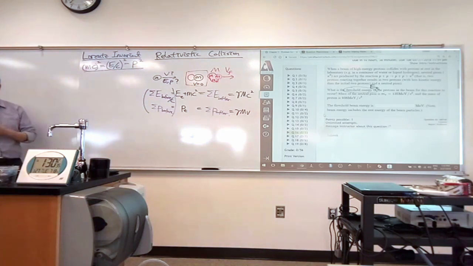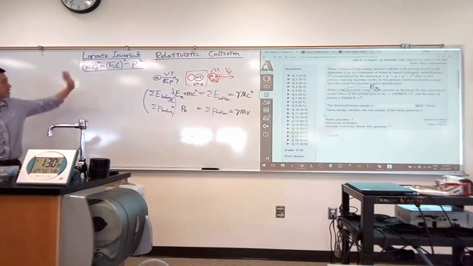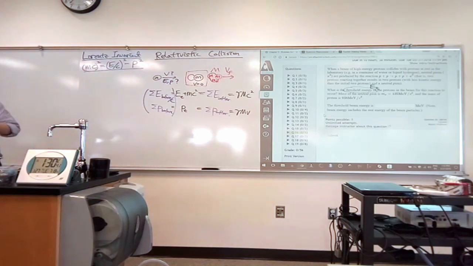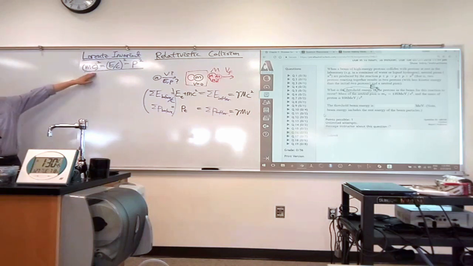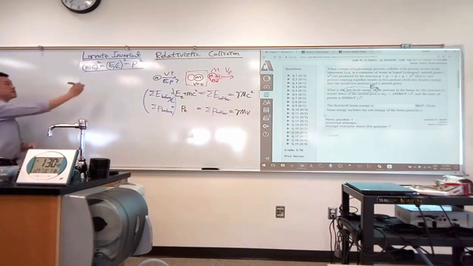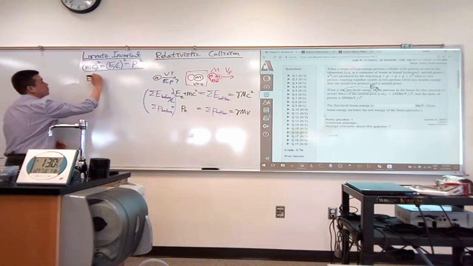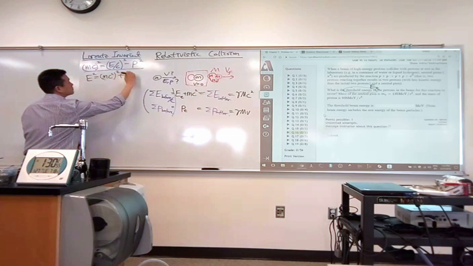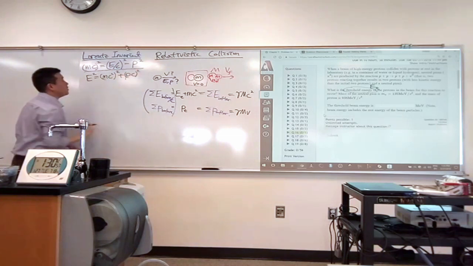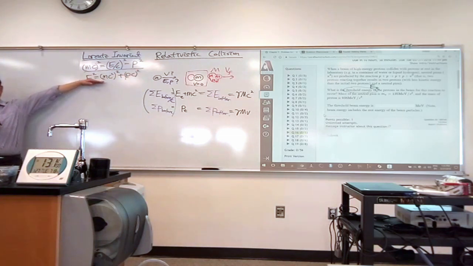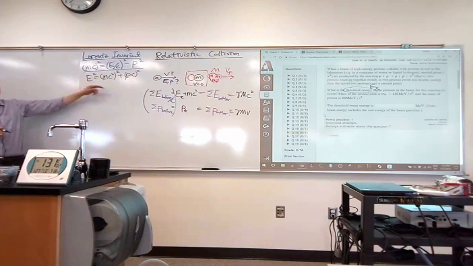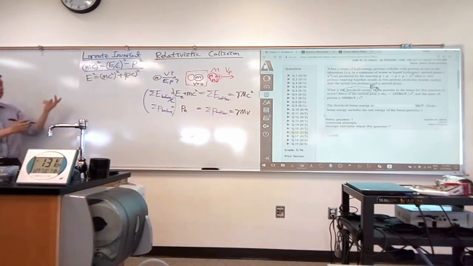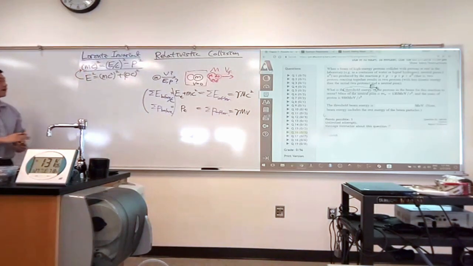That's how I want everyone to think about it. But if you feel uncomfortable thinking about it that way, you can think about this as a rewritten version of the energy-momentum relationship that says energy squared is equal to mc squared plus pc squared. It's simple algebra going from here to here. Either way you think about it, it's fine.